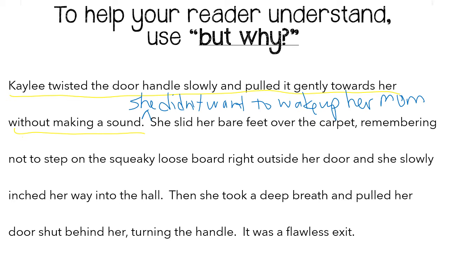Then she took a deep breath and pulled her door shut behind her, turning the handle. But why? Well, I'm going to add she took a deep breath. Why did she take a deep breath? She's taking the deep breath to slow her heartbeat, or maybe to calm her nerves. Then she took a deep breath to calm her nerves.